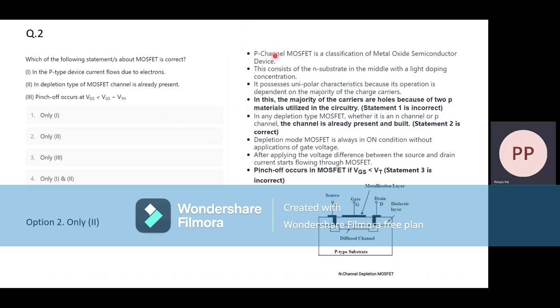So the first one is: the P channel MOSFET is a classification of metal oxide semiconductor device, right?